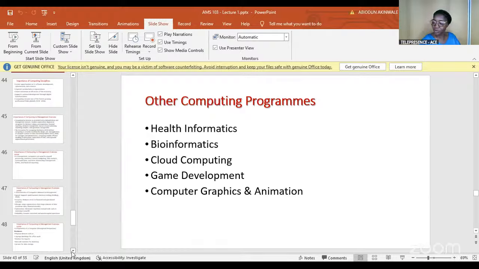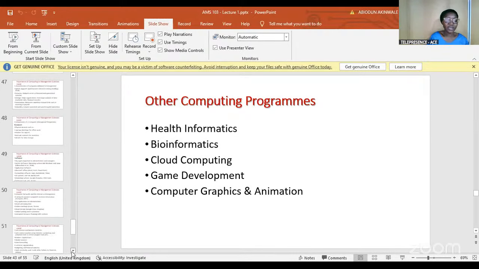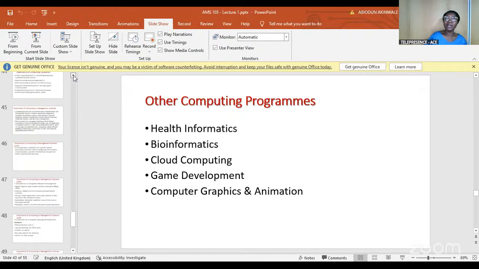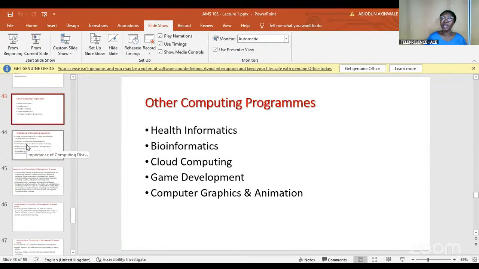Yeah, so you can put the second code like that. Now we move forward. Other computing programs that we have are health informatics. You can see the reason for that now, because now is a world of multi and interdisciplinary. There is no big I, small u, or technical high and the less technical u.